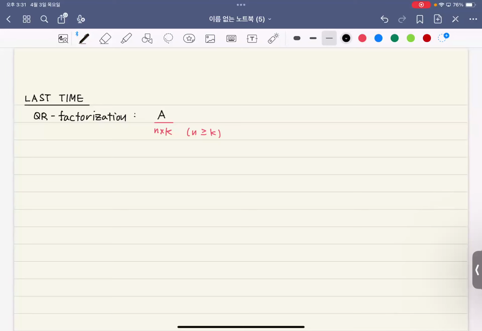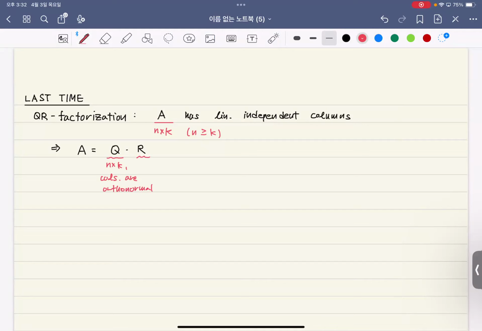And suppose this matrix has linearly independent columns, then we can factorize the matrix as a product of the matrix Q times matrix R. Q is an n by k matrix whose columns are also orthonormal vectors.